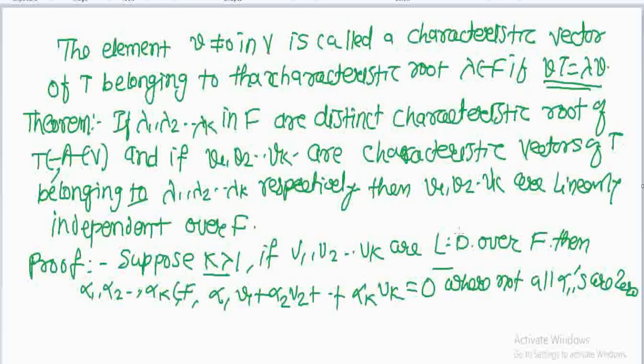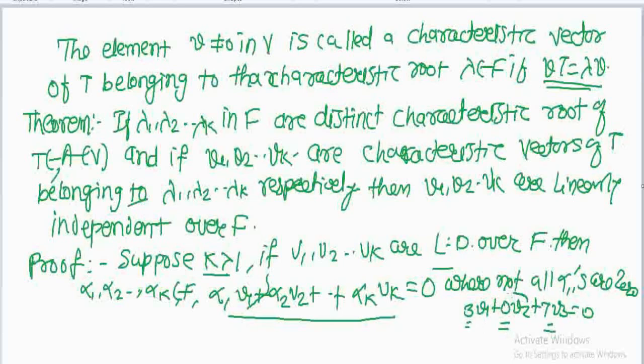Now, from this linear combination, we omit those vectors whose coefficients are 0 and we renumber. For example, my vector relation is 3v1 plus 0v2 plus 7v3 equal to 0. In this linear combination, one scalar is 0, but these two scalars are non-zero.